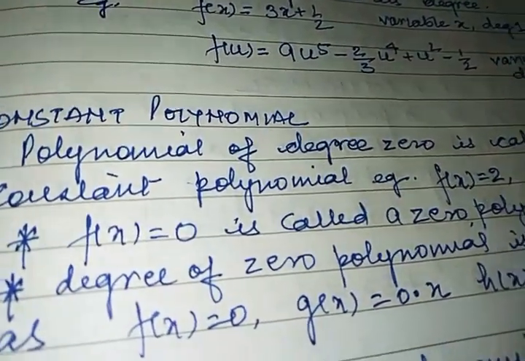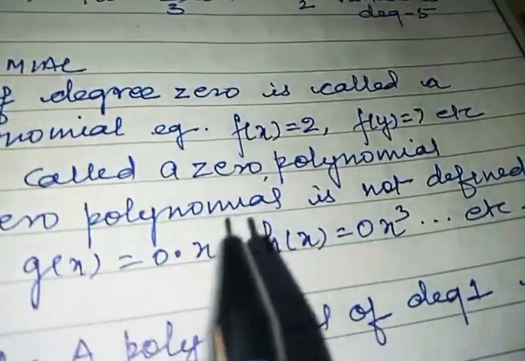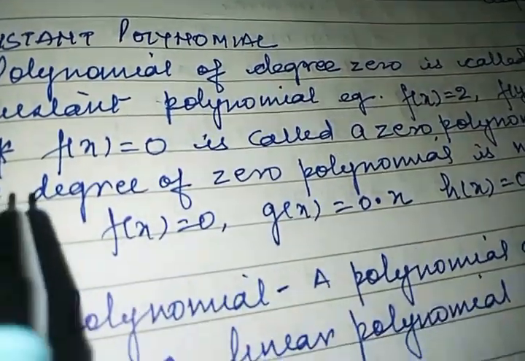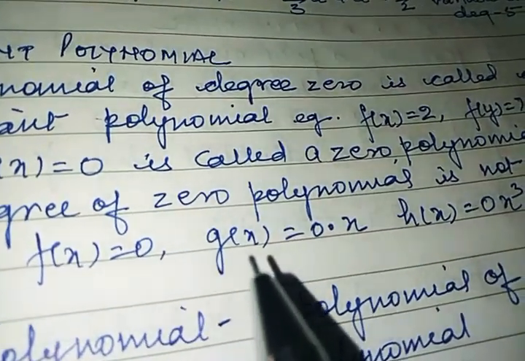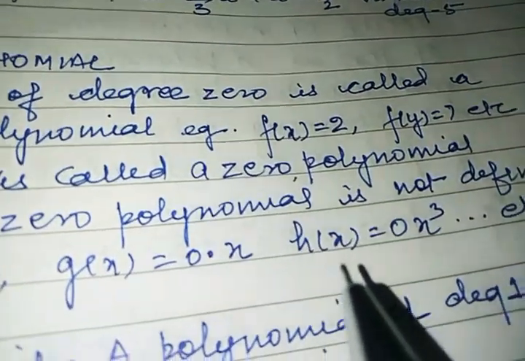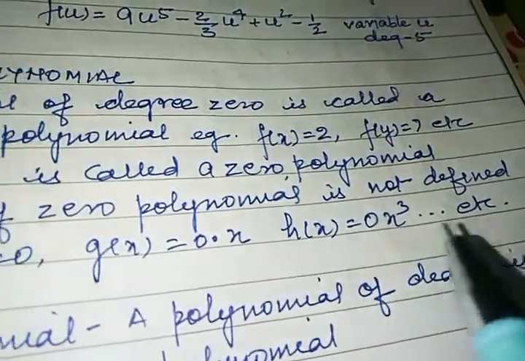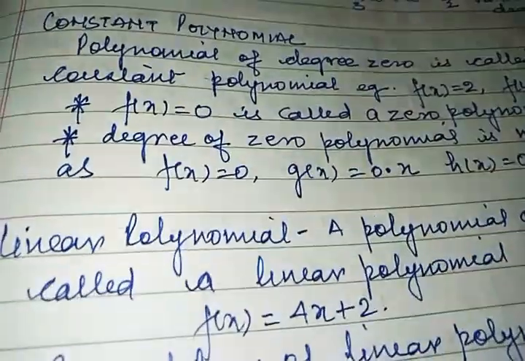Then second, degree of zero polynomial is not defined, as we have f(x) = 0 here, g(x) = 0 times x, h(x) = 0 times x^3 or 0 times x^4, etc. So the degree cannot be defined for a zero polynomial.